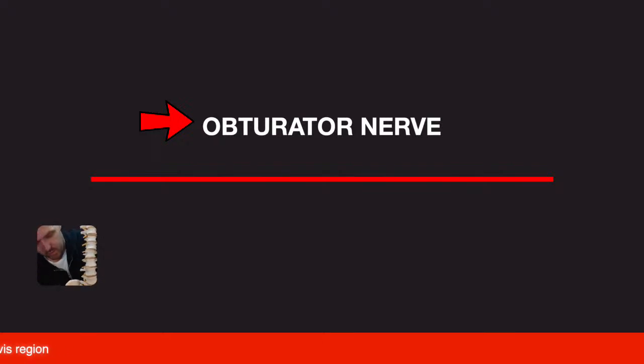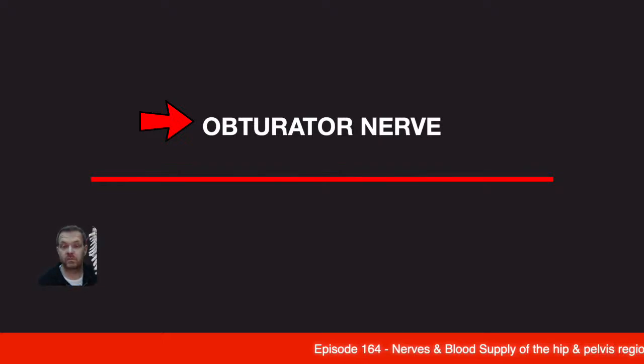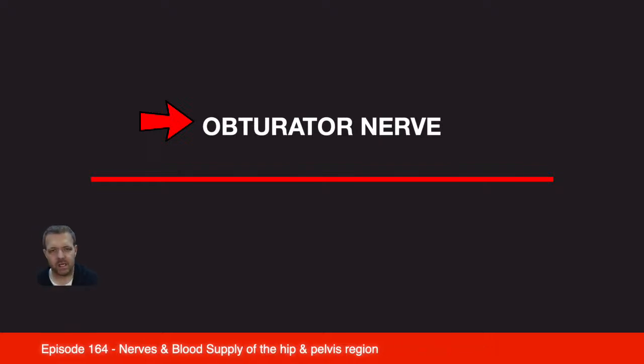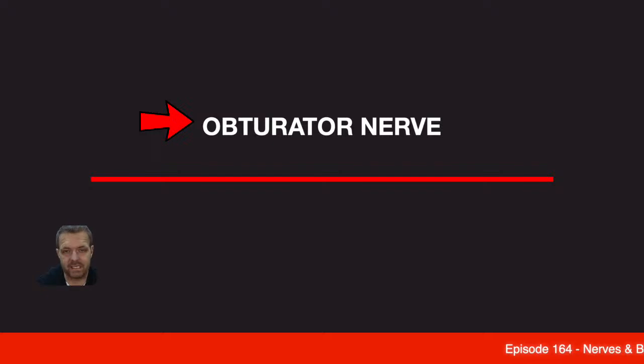So this area here, where that hole is, is called the obturator foramen or obturator hole, and everything is linked around that area. So all the muscles are supplied by the obturator nerve, which we'll have a look at in a second.